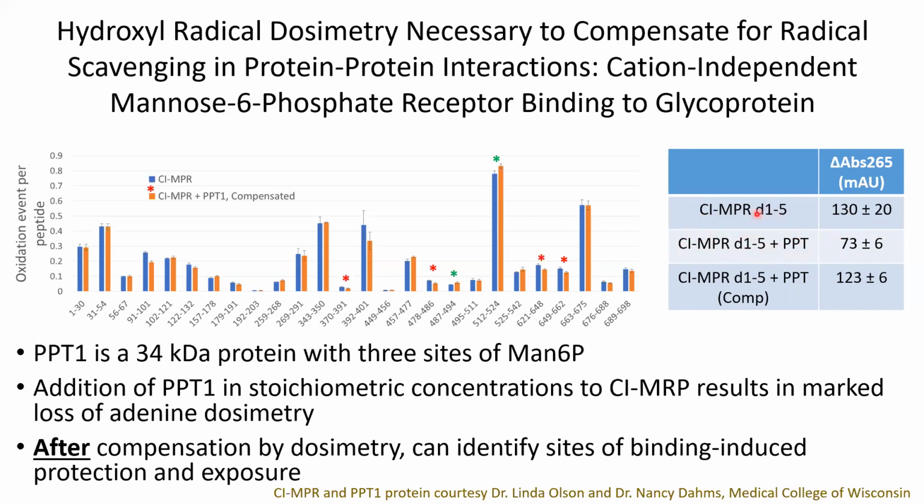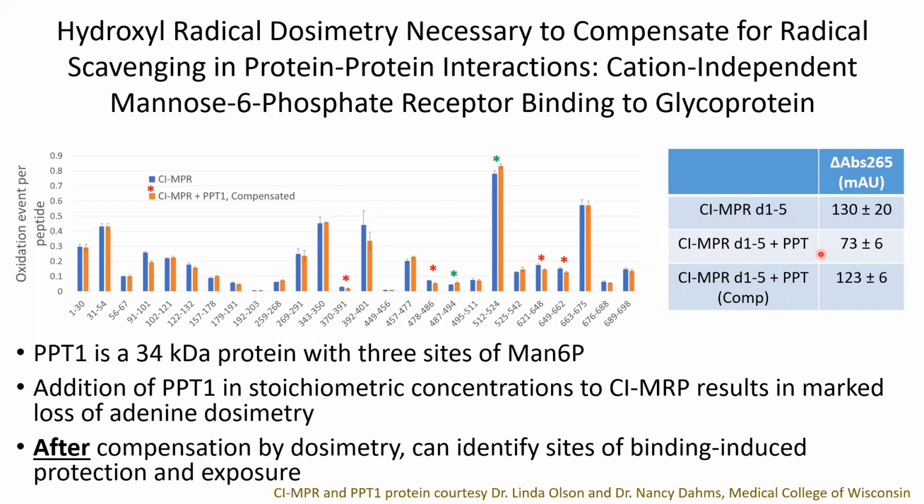So if we were to compare this footprint with this footprint, what we would quickly see is it would look like everything on CIMPR 1 through 5 is protected, and we wouldn't be able to tell anything structurally about the protein, not because the PPT1 is protecting the surface of the protein from the solvent, but because the PPT1 is competing for the radical. It's scavenging the radical out of solution.